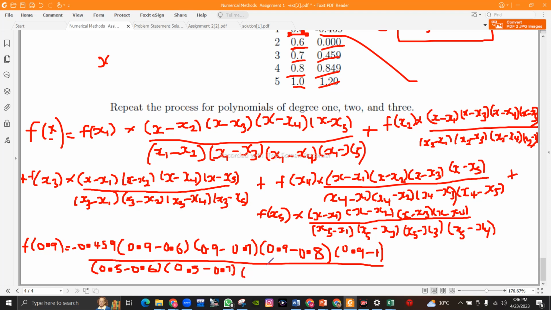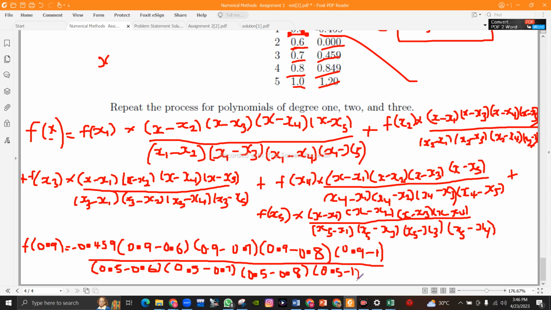Then x1 minus x4, which is 0.8. 0.5 minus 0.8. And the last one, x1 minus x5, which is 0.5 minus 1.